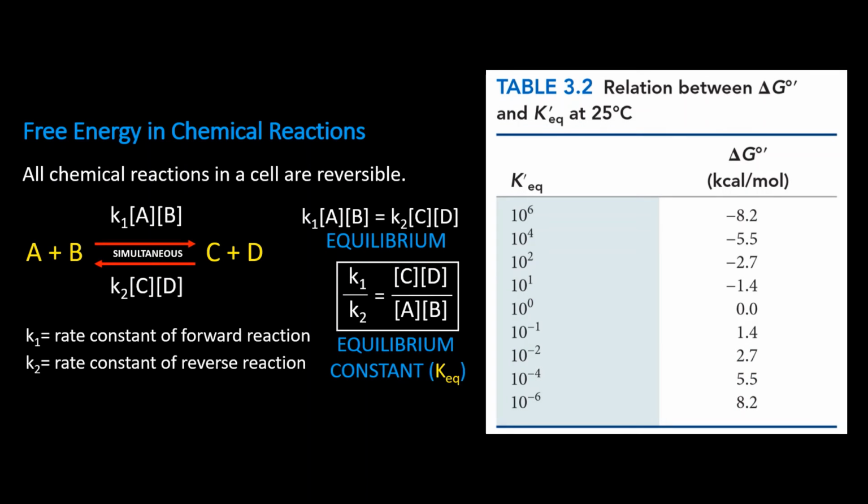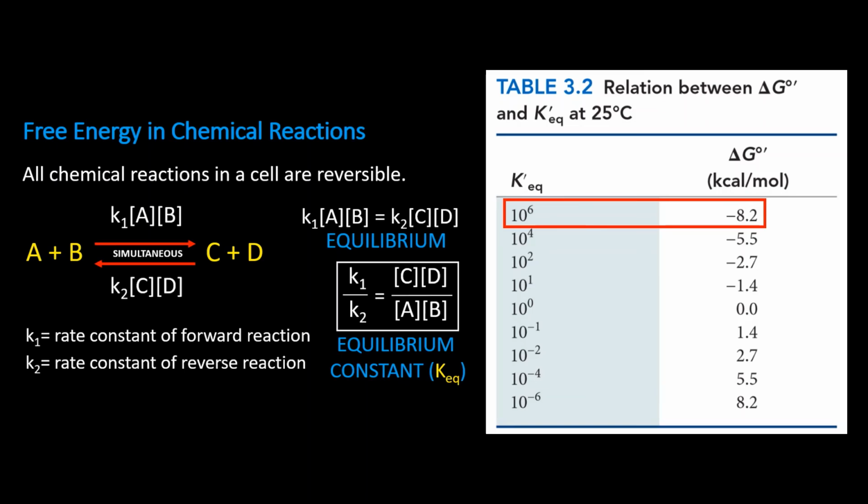So I have here a repeated picture of our first slide, and on the right, I have here the relationship between our Gibbs free energy, okay, I hope you remember G, and our equilibrium constant.